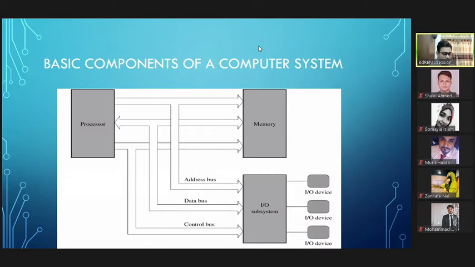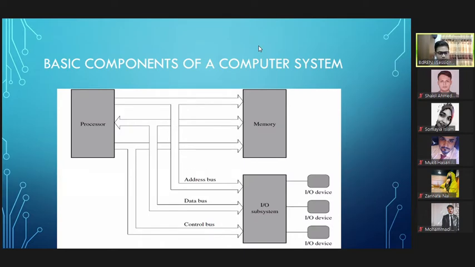There is something very interesting about these buses, and it is about the address bus. As I told you, this is used only for locating the memory. The processor uses this bus to locate the memory location to find the data. This is the address; let's find the data from that memory location.